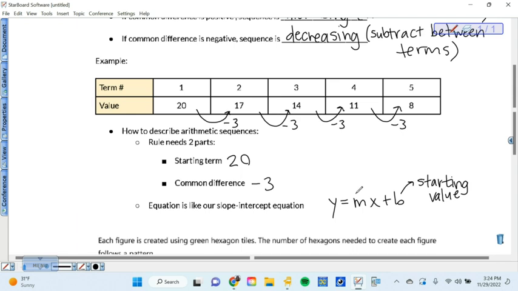Yeah, it's my rate of change, but what is it in terms of a sequence? Yeah, it's the common difference. So let's write our equations. It starts out just y equals, and then what? Good, negative 3x, perfect, plus 20. That's it. Cool.